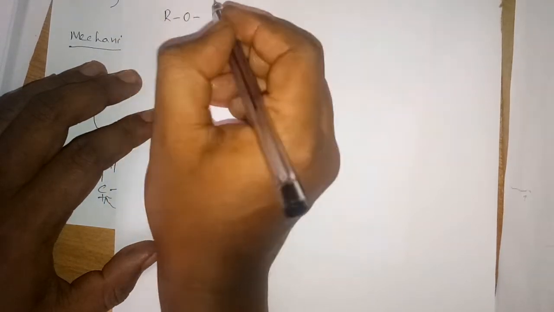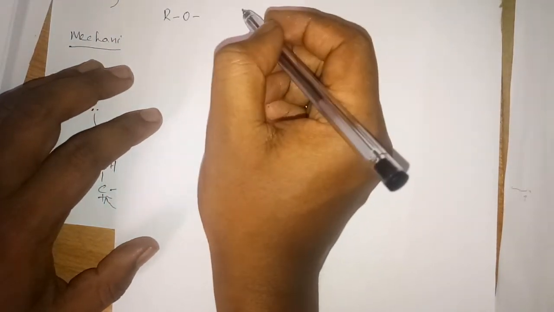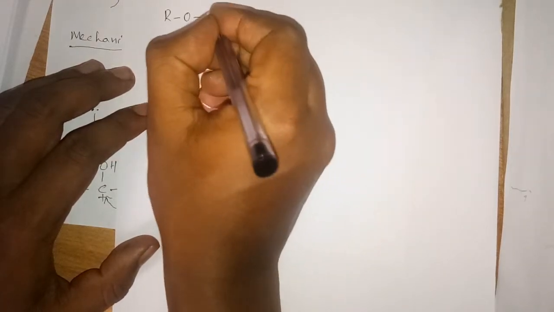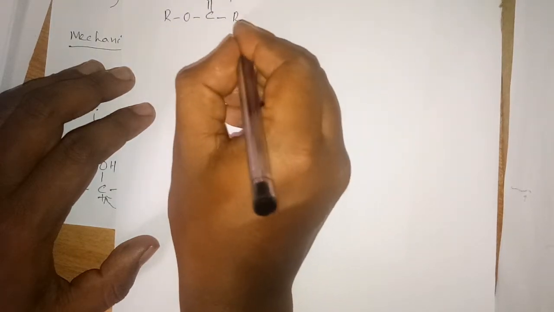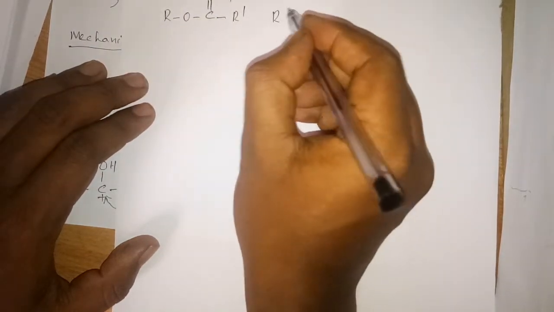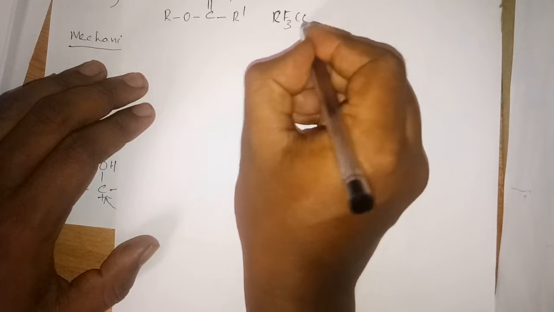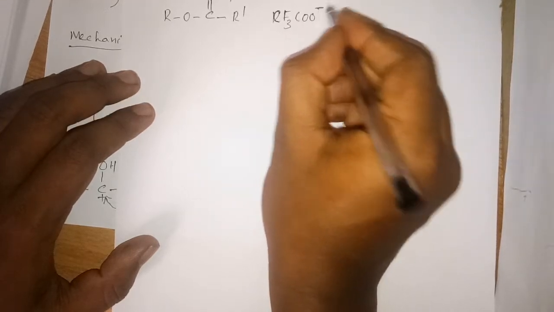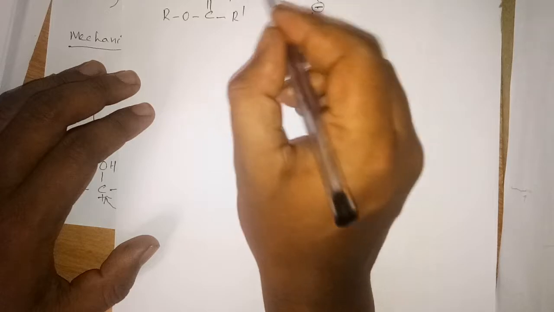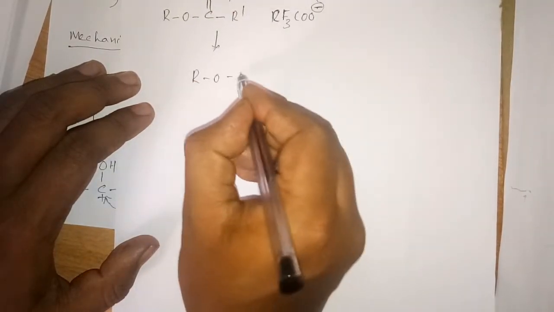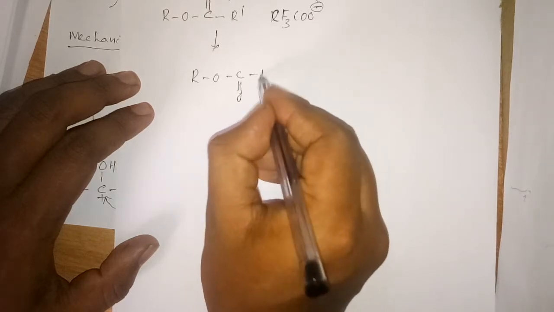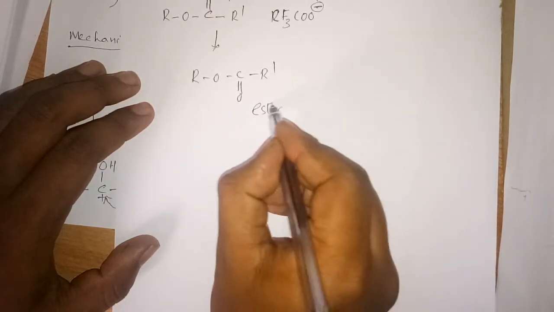So we will get R, O, C double bond OH plus R dash. What is left is CF3 CO O minus, which takes up H plus and neutralizes the positive charge. So you will get R, O, C double bond O, R dash. So this is an ester.